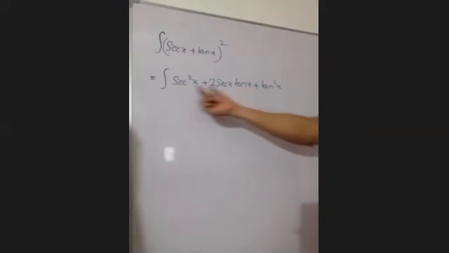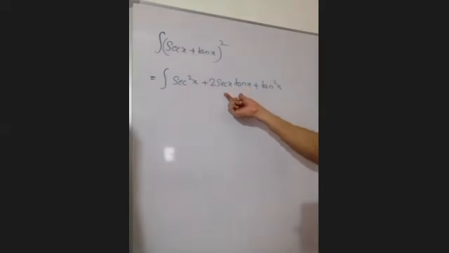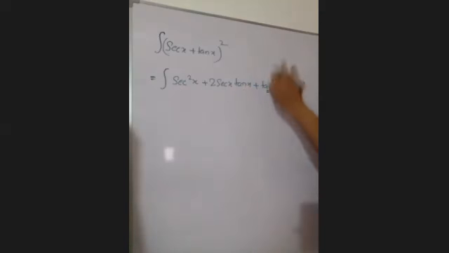Over here we have an integration for this, not a problem, and we have an integration for this one also. Sec squared x integration is tan x. This one is also the integration of sec x tan x. Then this is the problem we come across. According to the theory we have learned, instead of tan squared x, I can write sec squared x minus 1.